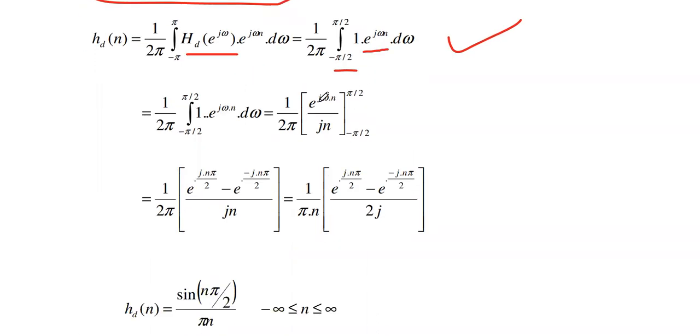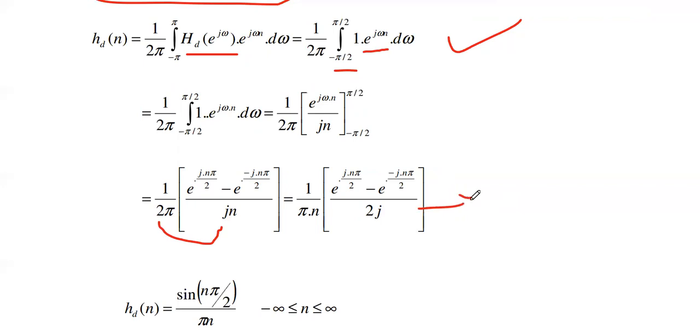So here you substitute the upper limit and lower limit instead of omega. So we get 1 by 2 pi, e power j n pi by 2 minus e power minus j n pi by 2, divided by j n. In that, this 2 you give inside the bracket and n you take outside, so 1 by pi n.